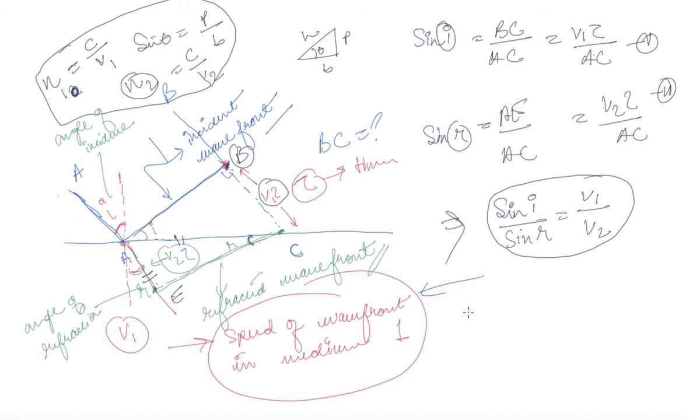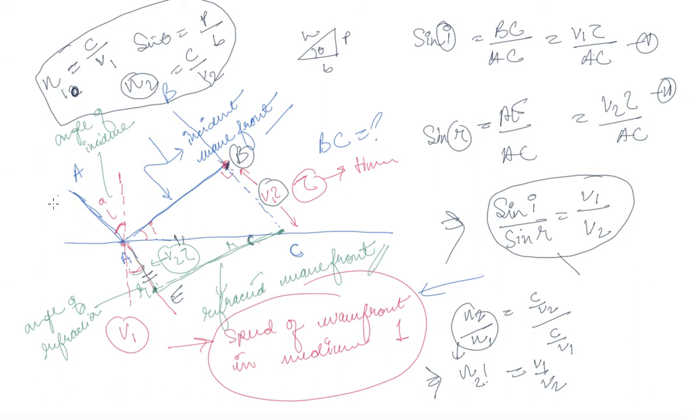Now what about N2 upon N1? N2 upon N1 is the refractive index of medium 2 with respect to medium 1. So N2 upon N1 gives me c upon v2 by c upon v1, which is v1 upon v2. Therefore, v1 upon v2 can also be written as N2 upon N1.